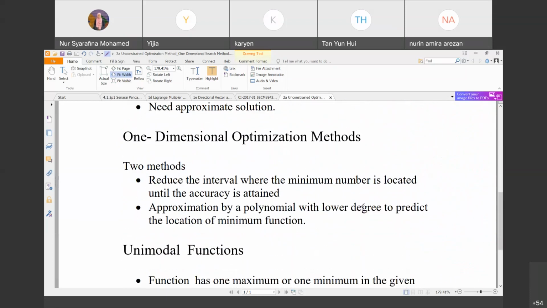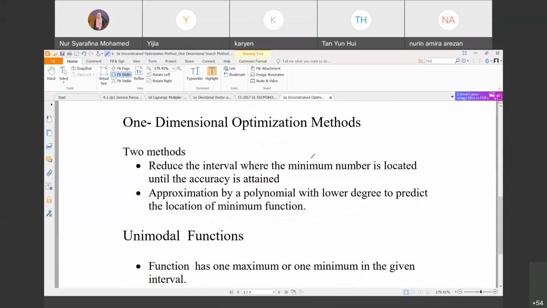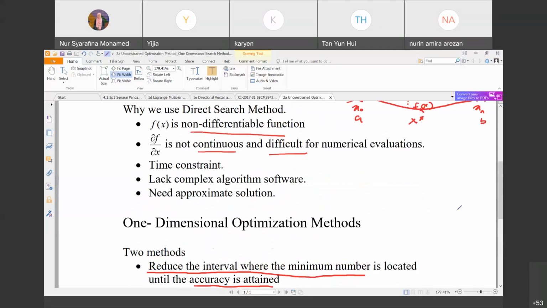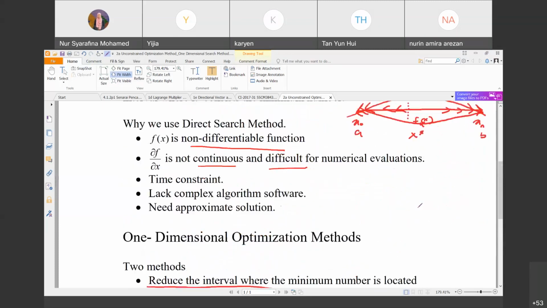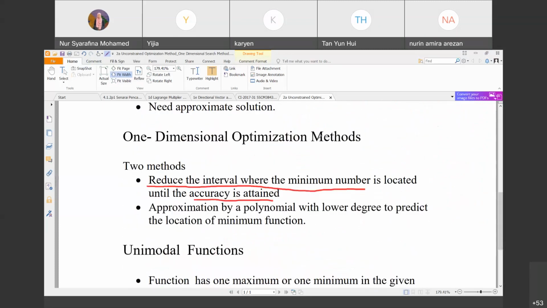In this direct search method, we have one-dimensional optimization methods. We have two methods. First, reduce the interval where the minimum number is located until the accuracy is attained, just like I explained here. We reduce the interval until the minimum or maximum number is located.